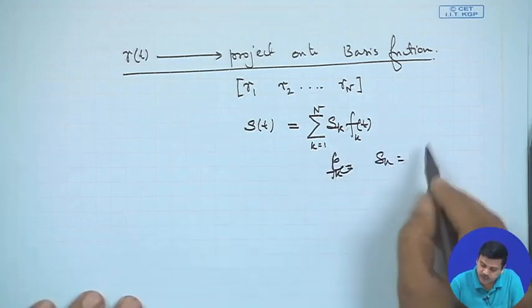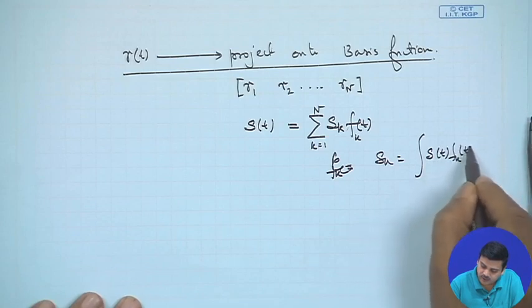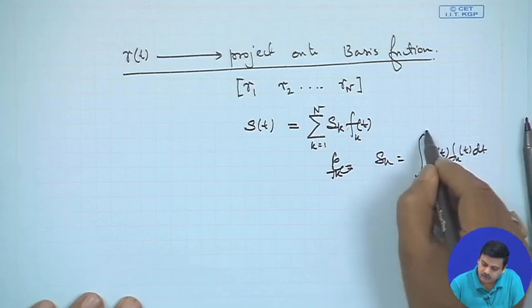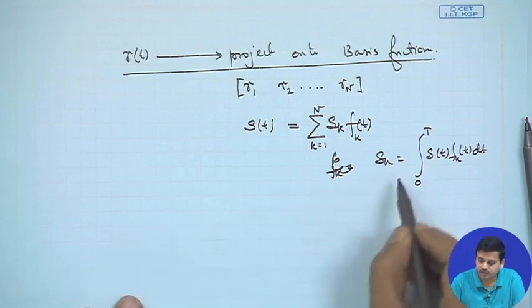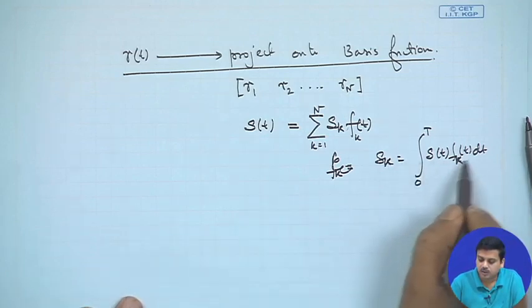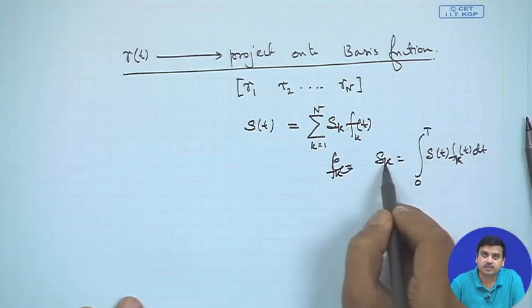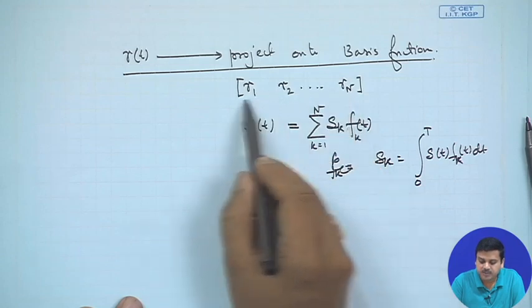Sk you could find by integrating S of t with Fk of t dt from 0 to T. This would give you the component of the signal. So, basically you have to project the signal onto the basis function to find this component. If there are n dimensions, you have to do that for each.